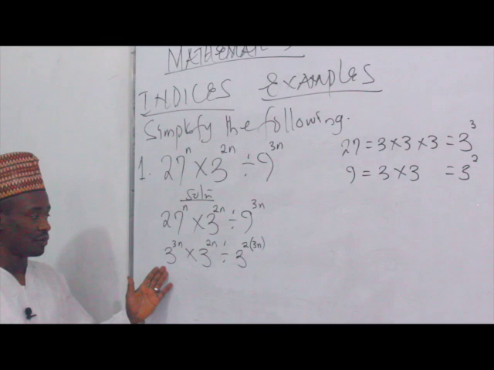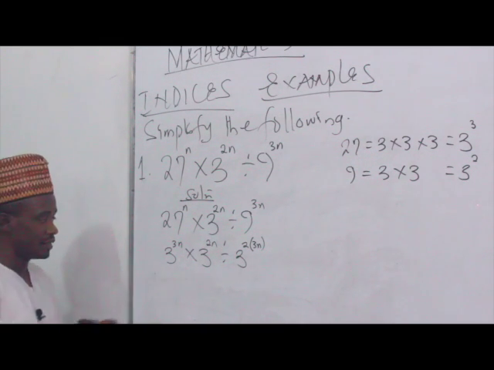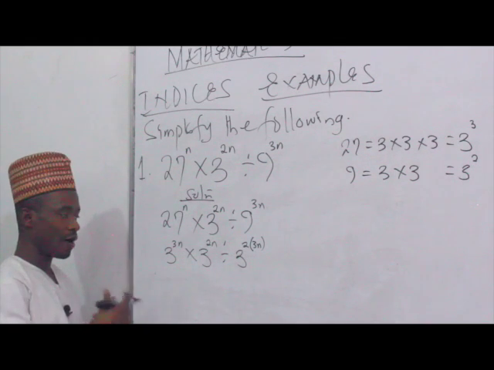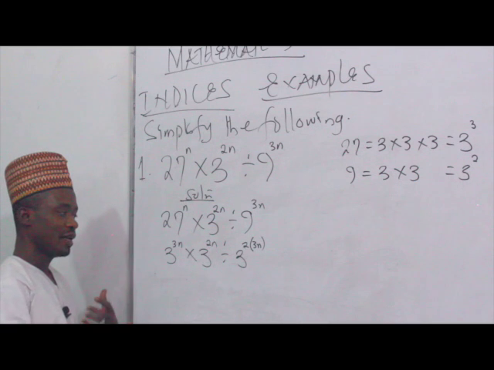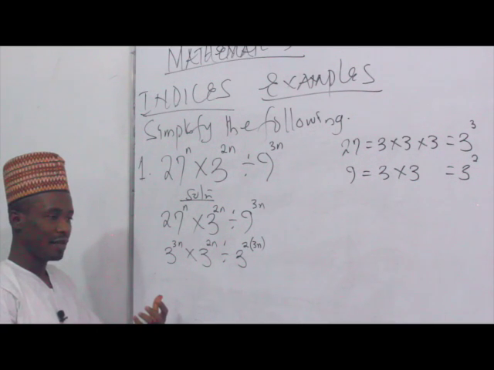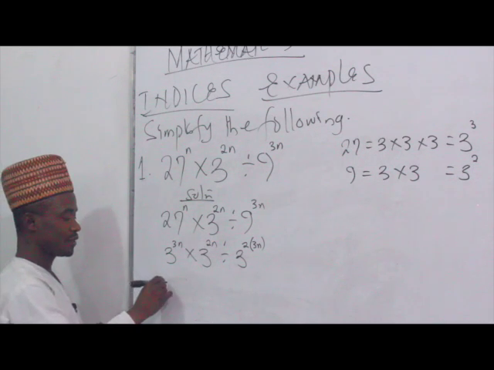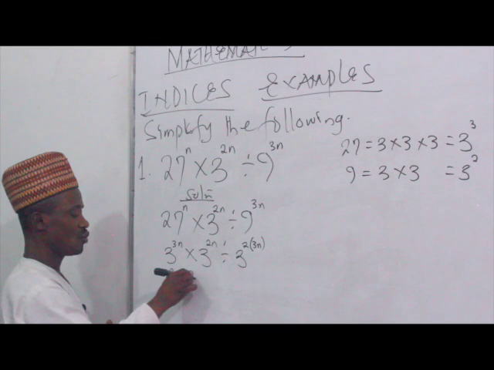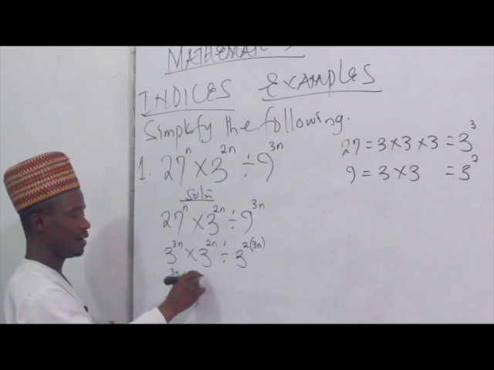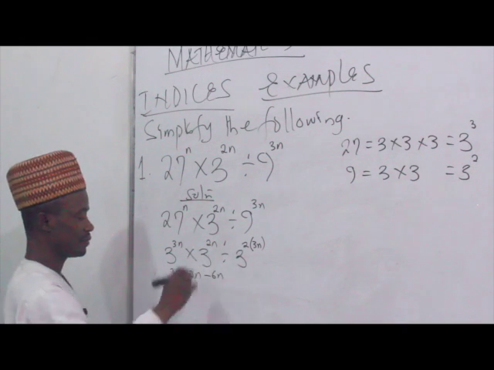Now, all the bases are the same. Considering law 1 that says a raised to the power of x times a raised to the power of y divided by a raised to the power of z, this would be the same thing as 3 raised to the power of 3n plus 2n, that's a positive sign here, minus 2 times 3n, 6n.